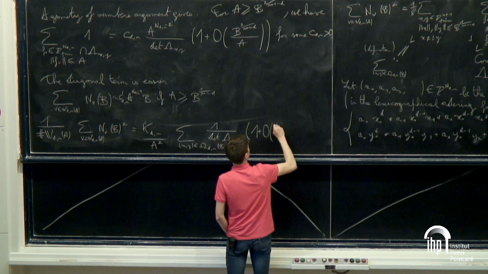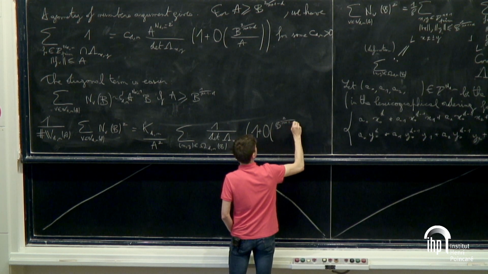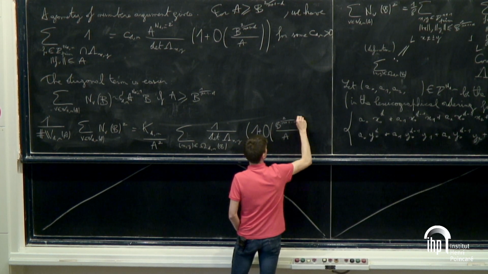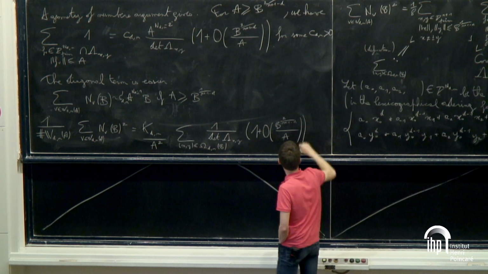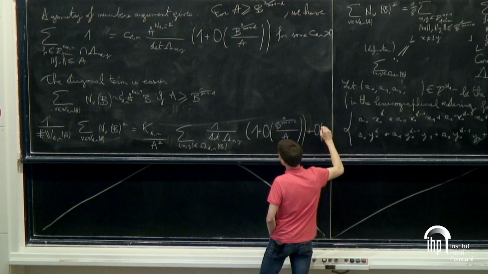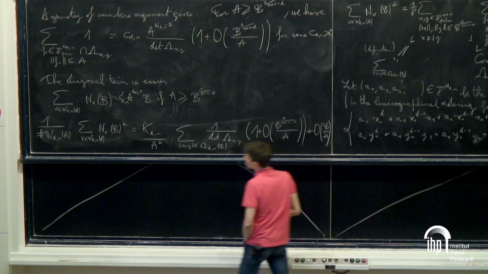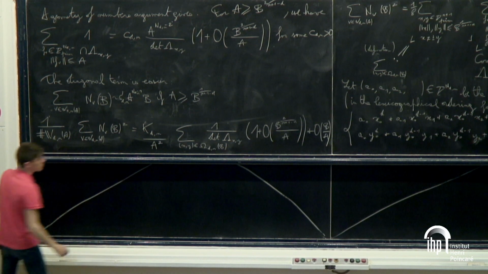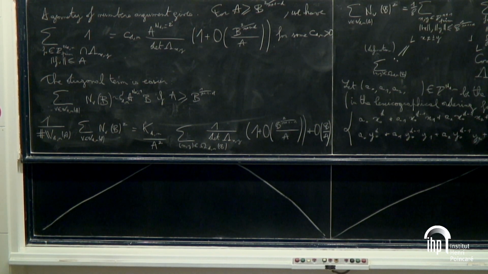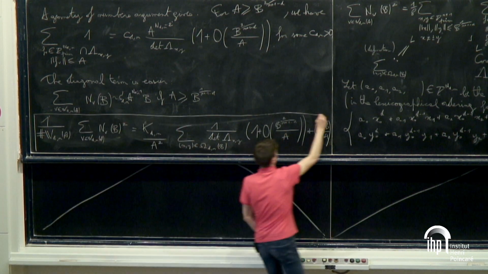So 1 plus big O of b to the 2 over n plus 1 minus d, divided by A. Plus the diagonal term, which is big O of b over A. All right, so that's what we've done so far.